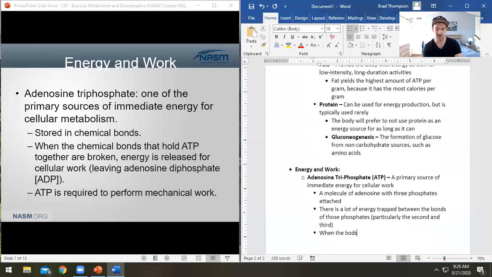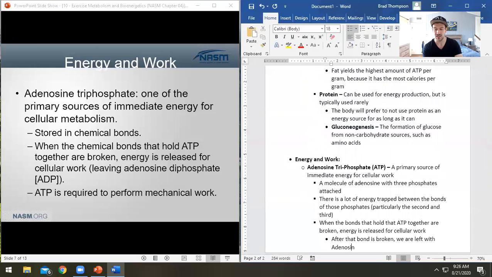And when the bonds that hold that ATP together are broken, energy is released for cellular work, right? After that bond is broken, we are left with adenosine diphosphate, or ADP, right? 2 phosphates. You basically kick the third one off, and then we're left with it.